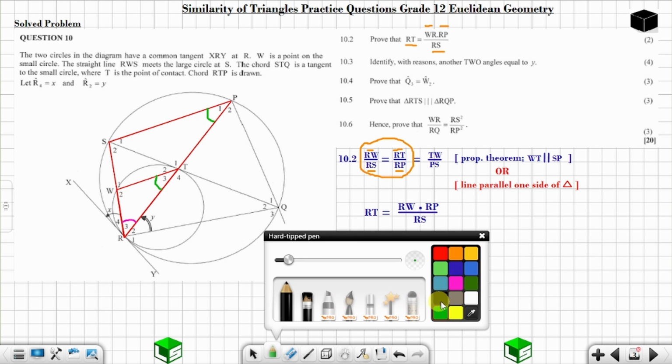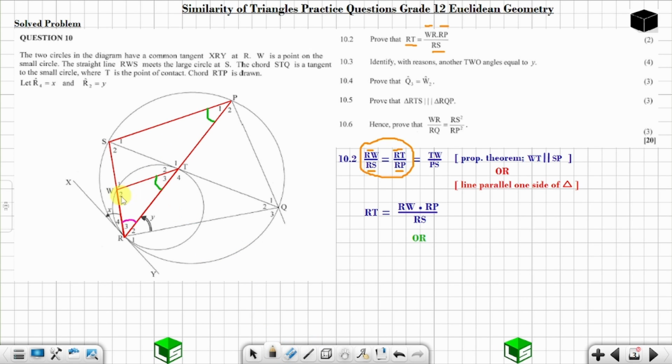Automatically, the third angle in one triangle is equal to the third angle in another triangle. So triangle RTW is similar to triangle RPS. Always respect the order so that you can write the proportionality equation correctly.